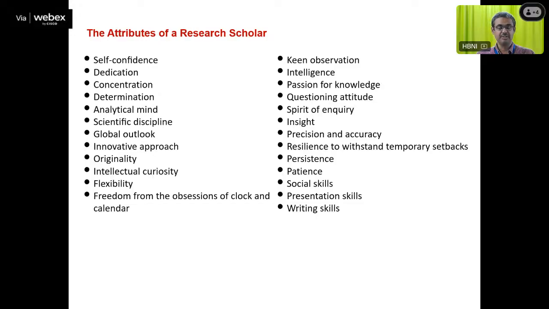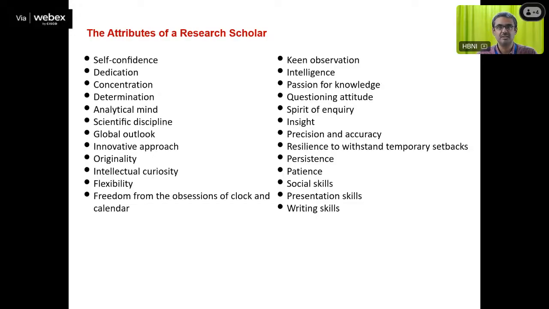So these are the attributes of the research scholar. Check whatever I have, whatever I lack, and where I can improve. Improvement is again a dynamic phenomenon; there is an improvement infinity. We should continuously write, continuously present, be resilient to setbacks, be patient and persistently do our work.